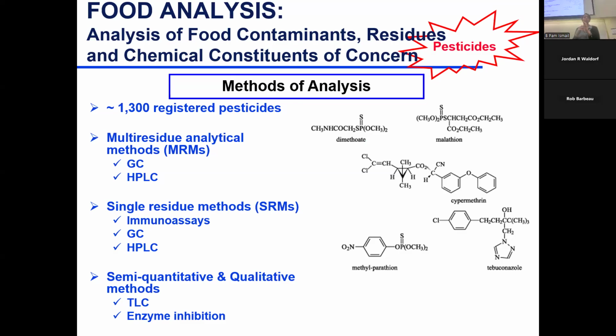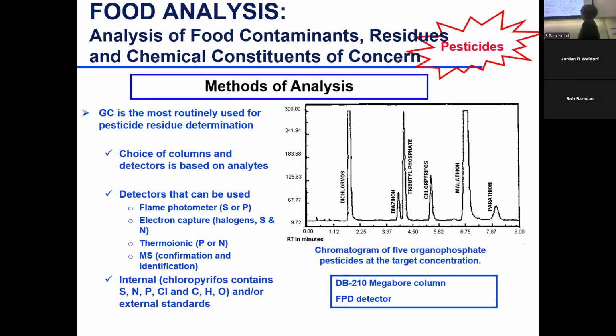When we know that potentially in a certain field we might have 4 or 5 different pesticides, we can do multi-residue analysis. We do GC for non-polar, HPLC for polar. Single residue, like I said, is when we are really looking at a new pesticide that we need to register. And then there are the semi-quantitative, qualitative methods, thin layer chromatography and enzyme inhibition, and I'll talk about that in a little bit. But often it's a chromatographic method.